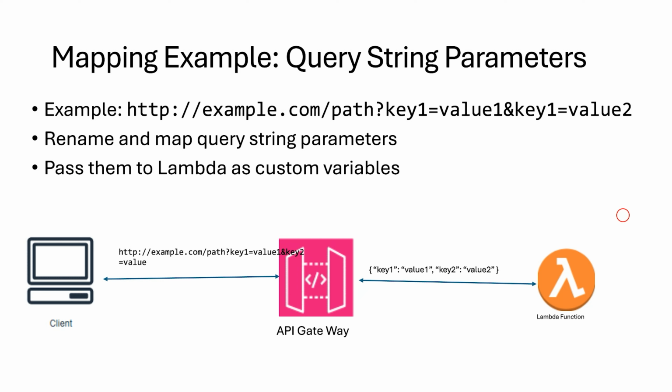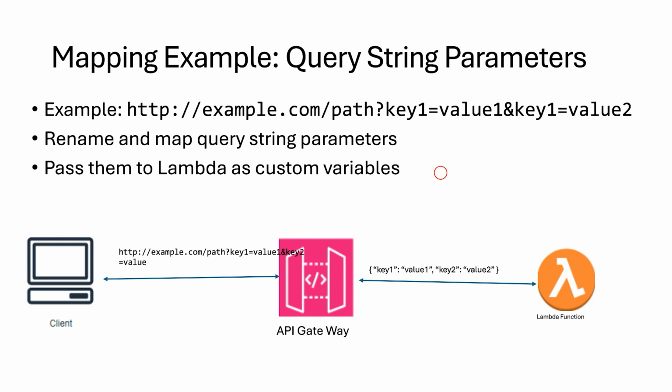So I hope you understand the different integration types, and the important integration type is HTTP or AWS integration type, where you have more control over request and response. And the good thing is you have seen the examples also, by using mapping templates, how you can transform those requests and responses.